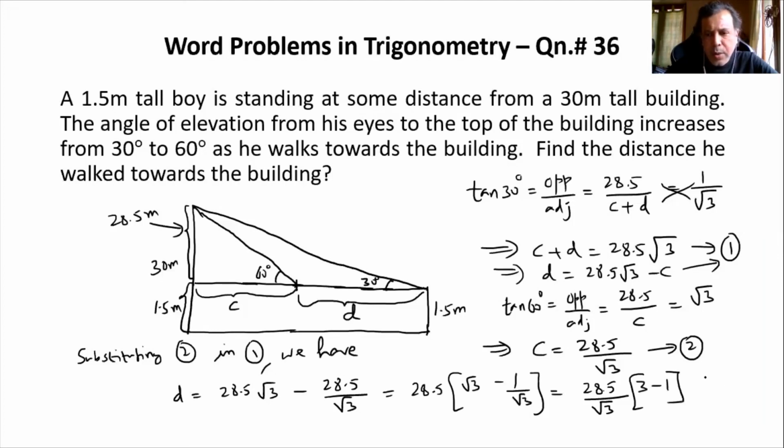Already I wrote 28.5 outside. So 28.5 into 2 becomes 57 by root 3. If you want, you can even rationalize the denominator how we did previously. Otherwise also you can leave it as it is. It is 57 by root 3 meters. So that is the solution for this particular problem.